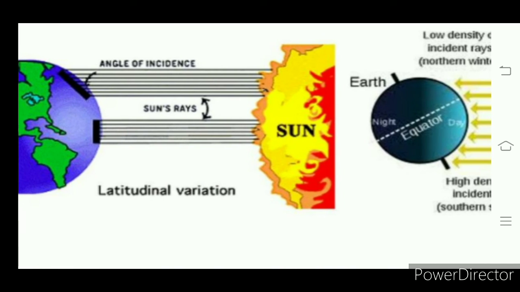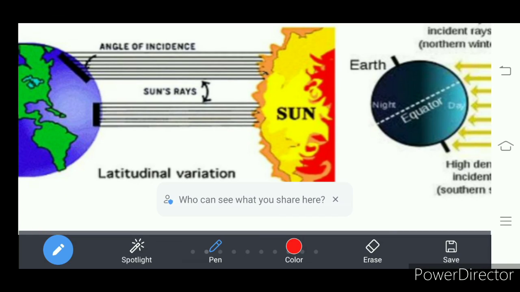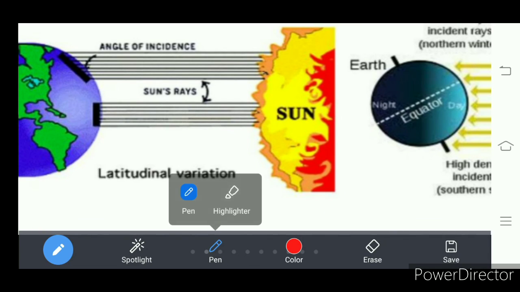Look at here. Here you see that the angle of incidence is different. What do you see here? Sun rays are falling straight, a 90 degrees angle between the sun and the earth, right? And further, what do we see here?